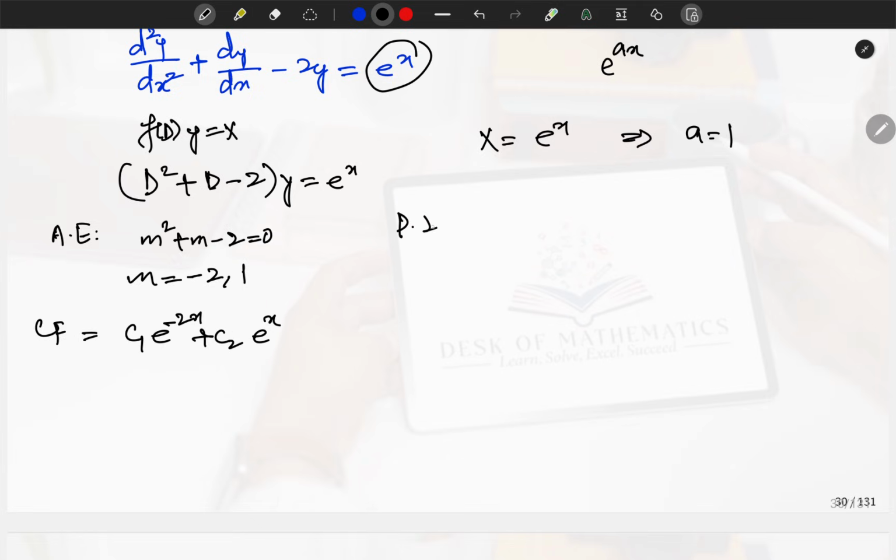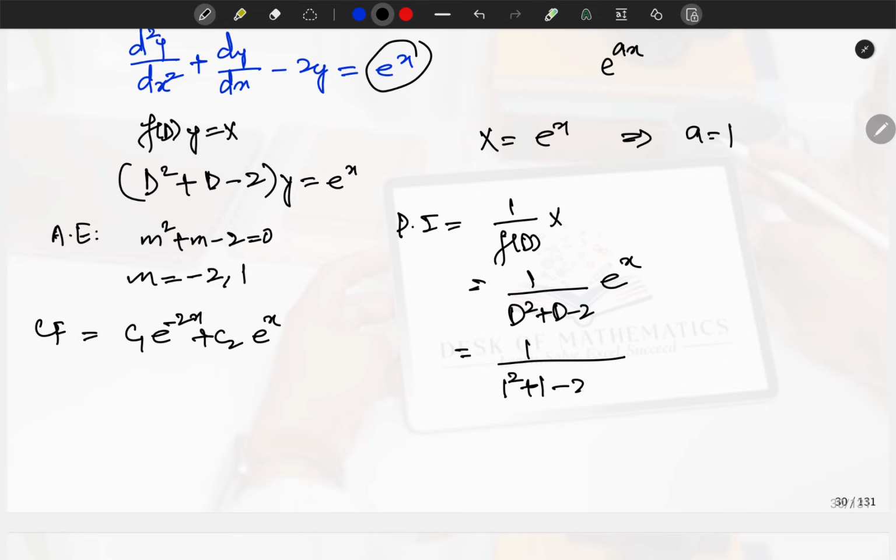So your particular integral will be 1 by f of D of X, so that is 1 by D square plus D minus 2, X is e raised to the power x. So your a is 1, so replace D by the a, so that's 1 square plus 1 minus 2, e raised to the power x, so that is 2 minus 2, it is 0, so it means it is a failure case.